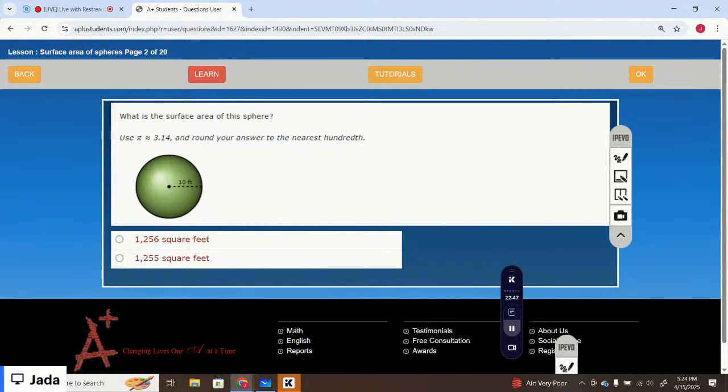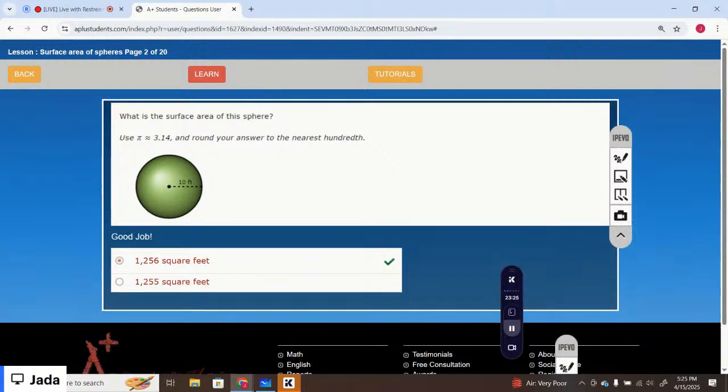That is 1,256 square feet. Option number 1 is the correct option.